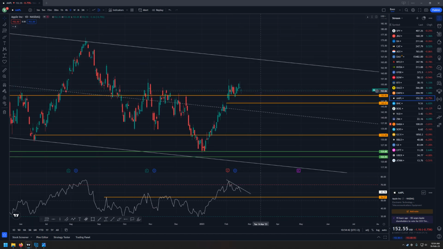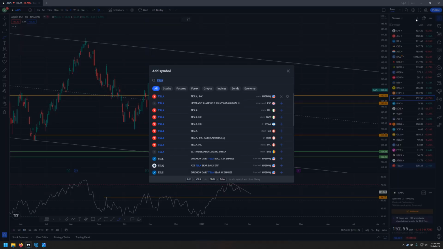Apple. So Apple sideways consolidation, RSI is pulling back. The common pattern here. What I think happens, and I will do it with Apple and Tesla at the same time. Let's add Tesla here.